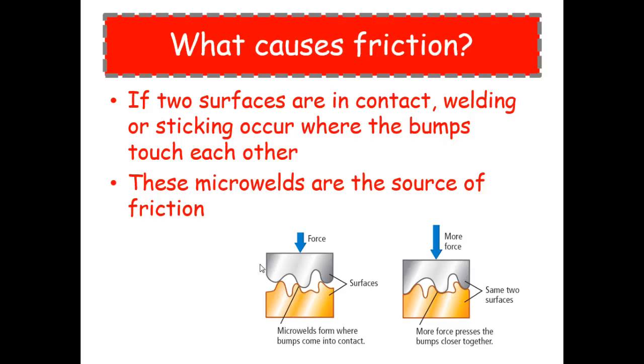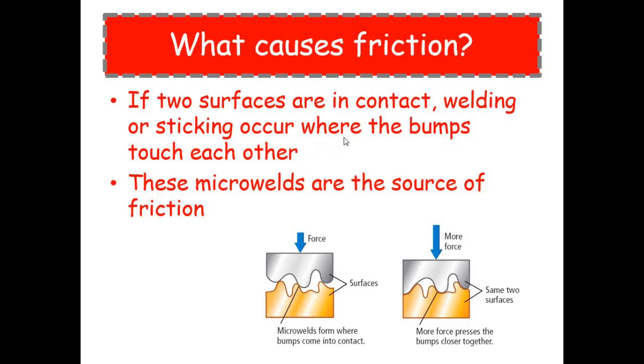And what happens is that when two surfaces come together, depending on the number of ridges they have, they kind of glide over each other, and it's kind of like going over a bumpy road in a car. They kind of stick, they get stuck.